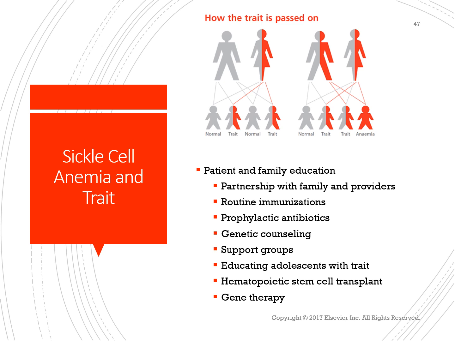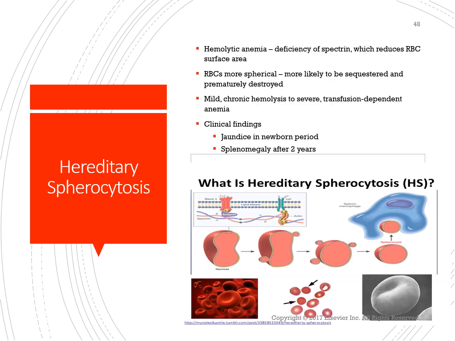We want to educate the adolescents with the trait, and again, this comes back to that genetic counseling. They need to be aware that they have the trait and what it means for them health-wise and how to take care of themselves once they become adults. But also they need to keep that in mind when they're making decisions about having children. They may require stem cell transplants and gene therapy.